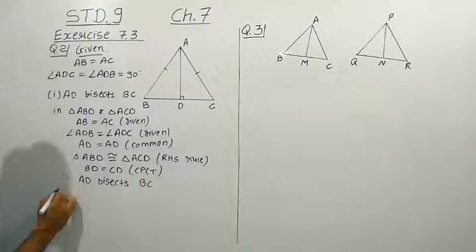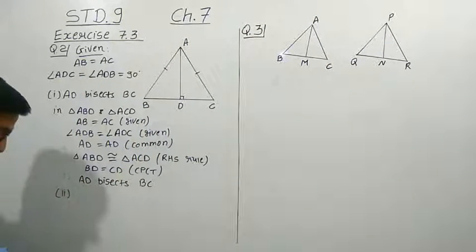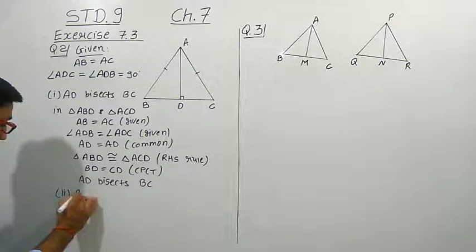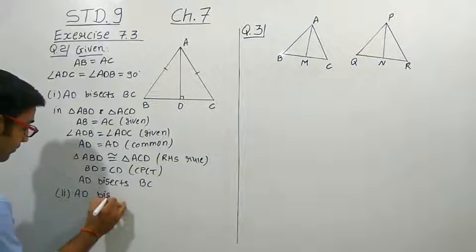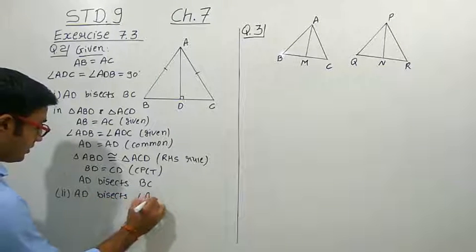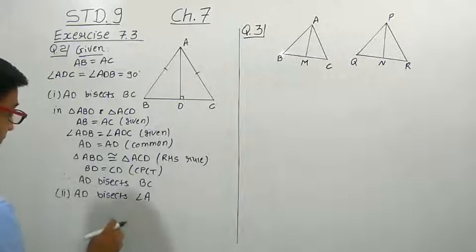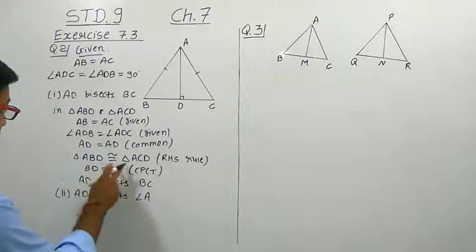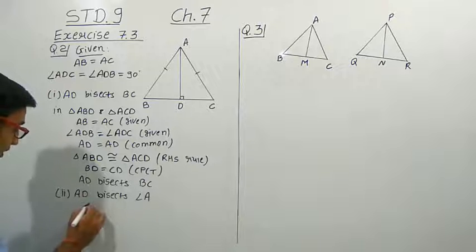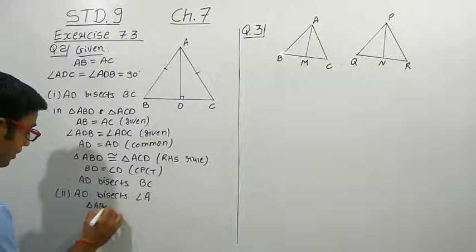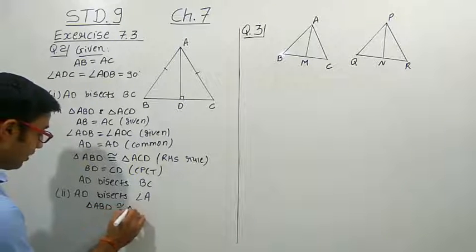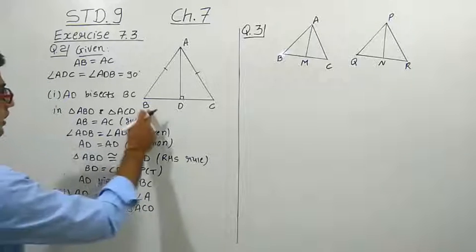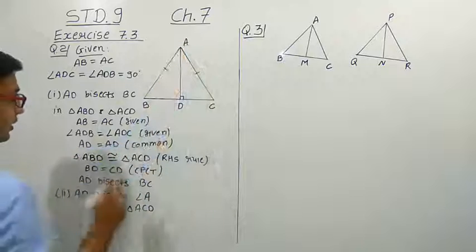The same way, the second thing that we have to prove is that AD bisects angle A. See, here also we have to use the condition of CPCT as we have proved that the two triangles are congruent. We can write down that triangle ABD, we have proved, is congruent to triangle ACD. Now if we take the angle BAD, then we have to take the angle CAD.